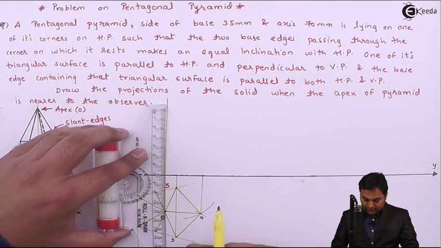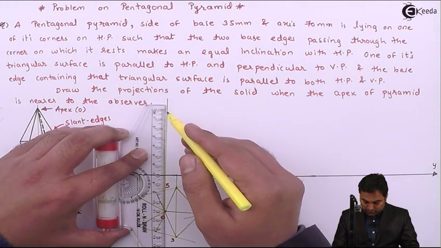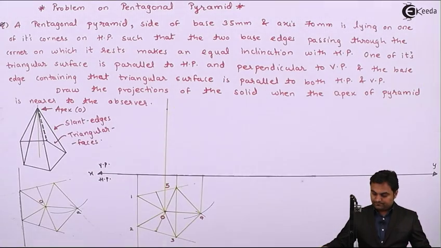So marking 70 mm over the axis, that gives me the point O dash.